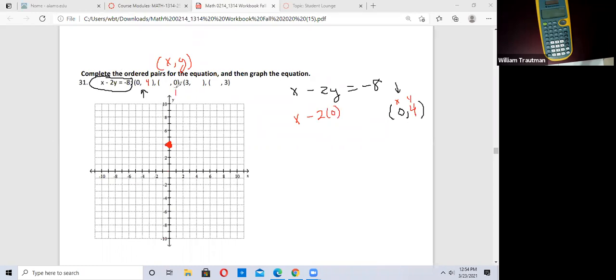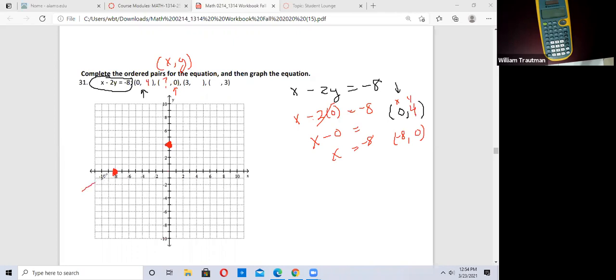The second part is y. We need to find what x is. And -2 times 0 is 0. X minus 0 is still x. X equals -8. So when y is 0, x is -8. So -8, 0 is right here.